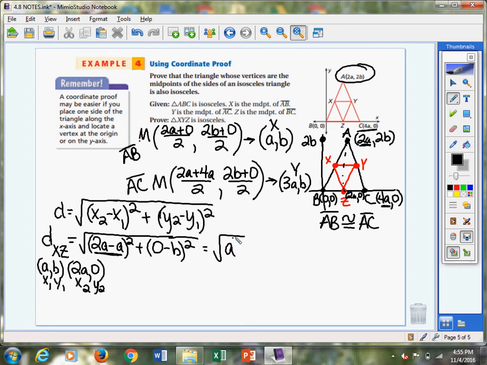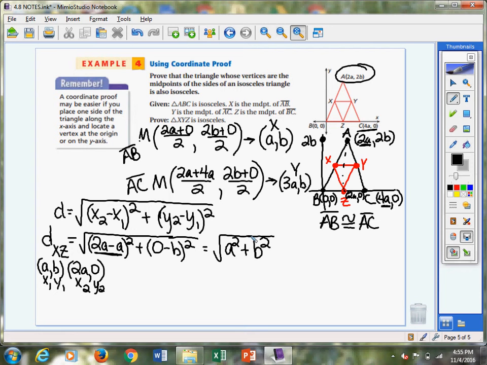So that's A squared plus, and then 0 minus B is negative B. Negative B squared is just plain old B squared. The sign's going to cancel out. Anytime you square a negative sign, it cancels out. Okay, so that is actually the length of XZ.